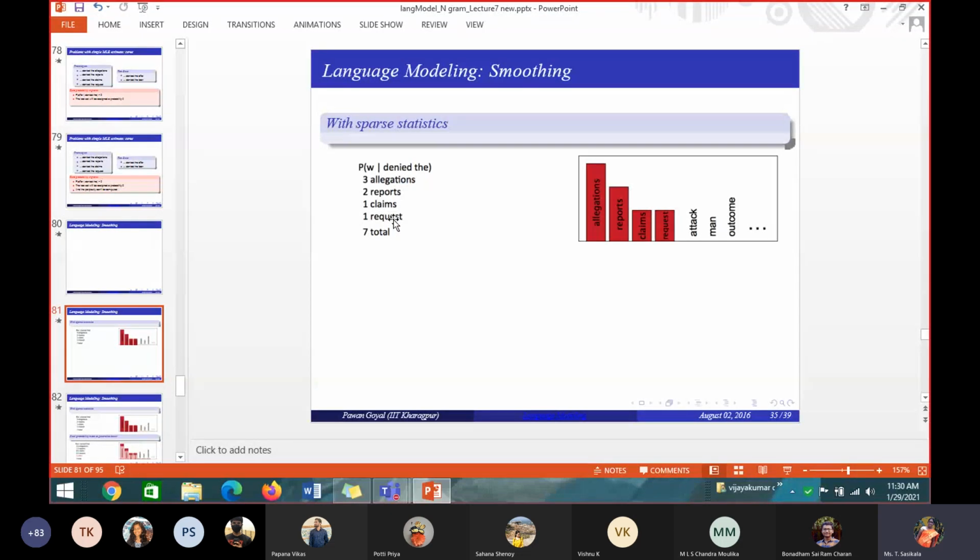So totally how many trigrams do I have in my corpus? How many sentences? I have a larger corpus and I have taken some 4 sentences. In that, the first sentence, deny the allegation, appears 3 times in the overall training data, deny the report appears 2 times, deny the claims 1 time, and deny the request 1 time.